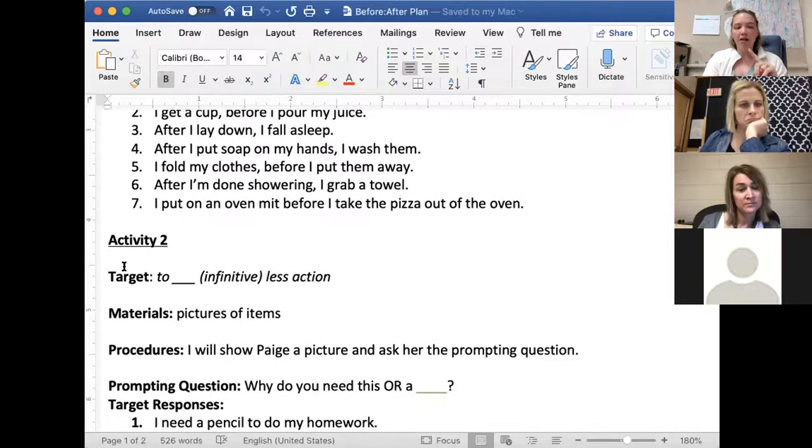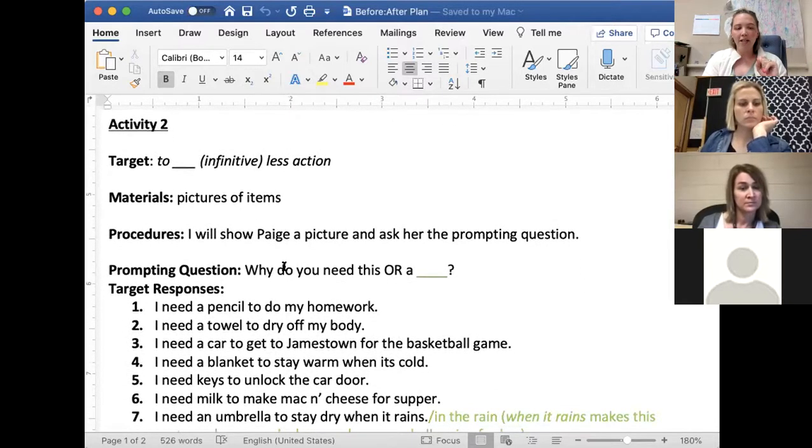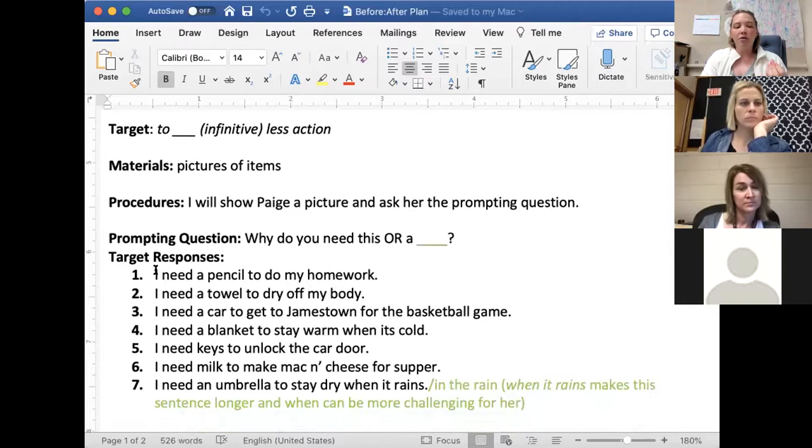Okay, so then here is one using the infinitive to. So, why do you need this, or why do you need a...? So we're teaching her that to do something, to whatever. So I need a pencil to do my homework. I would have asked her, why do you need a pencil?